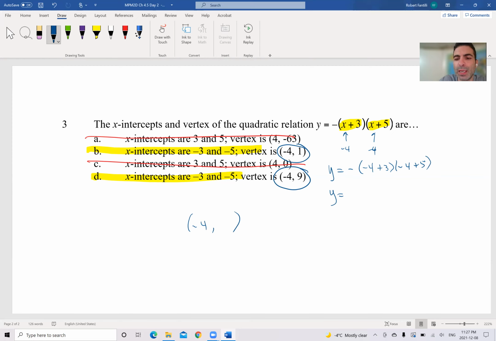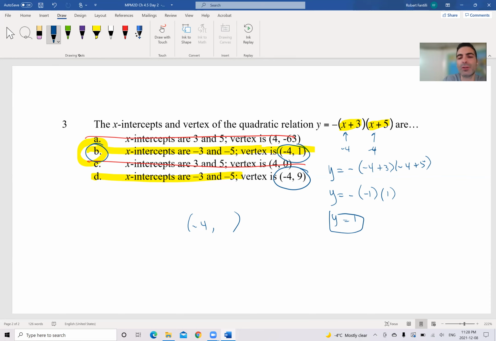I've got negative, and then -4 + 3 is -1, and then (+1). So technically -1 times -1 times +1. Well, -1 times -1 is +1, times +1 is still +1. So the easiest way is that way, and my answer is going to be B. That's the quickest way in terms of test-taking strategy.